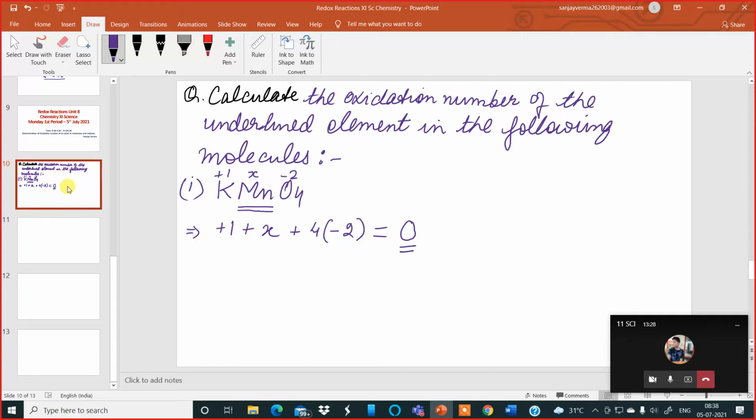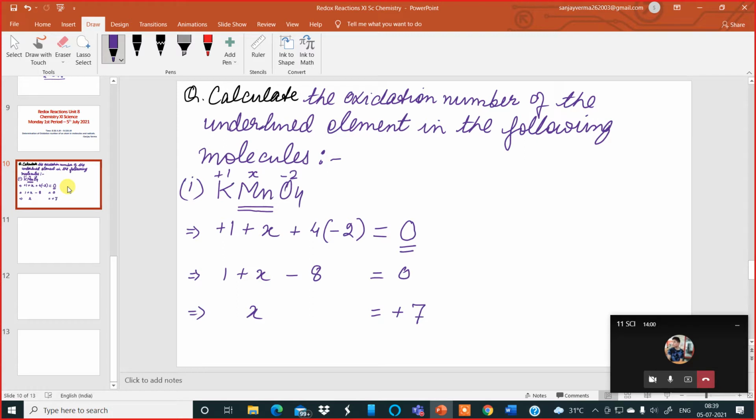Am I clear? So next line, you simplify this, we get 1 plus X, 4 into -2 is -8, so 1 plus X minus 8 is equal to 0, or X will be equal to minus 8 plus 1, which is -7 on this side, so this becomes +7 on the other side. So the oxidation number over here is coming to +7.